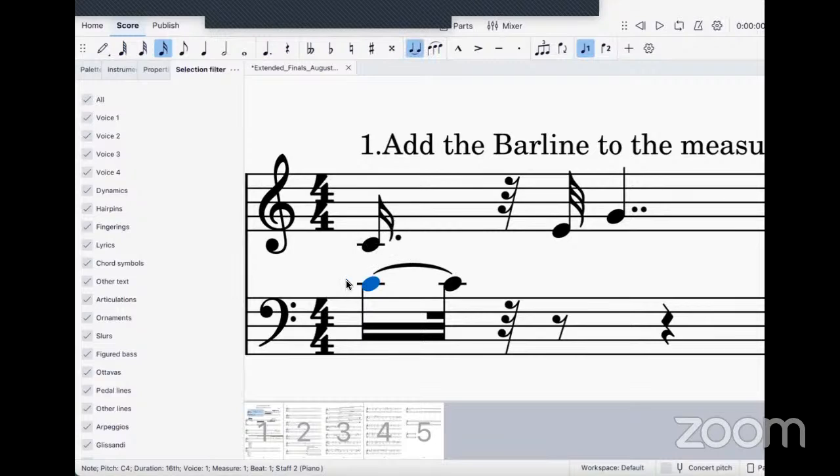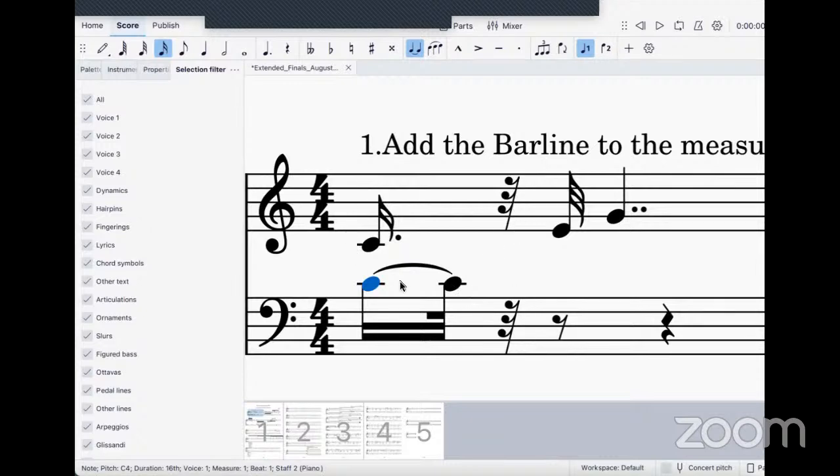This rhythm note is equal to this rhythm note. The dot means half of the note. So half of the 16th is the 32nd. So I have 1, 2, 3 32nd notes plus the fourth.